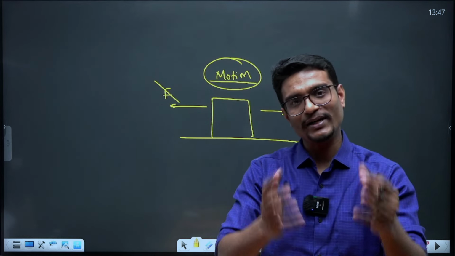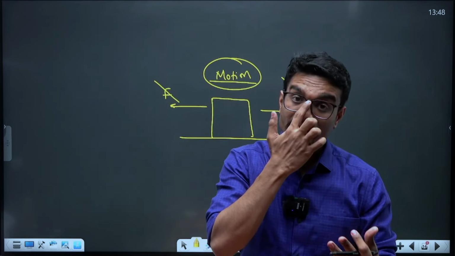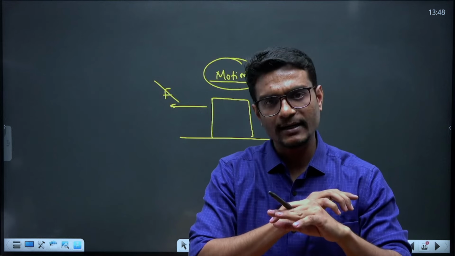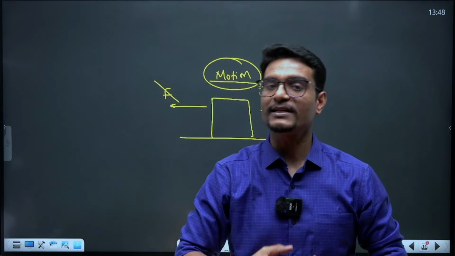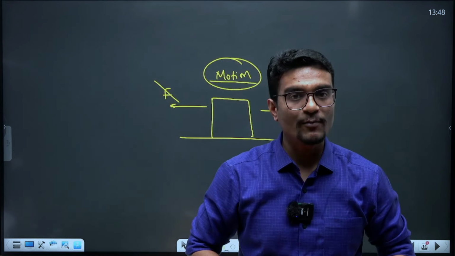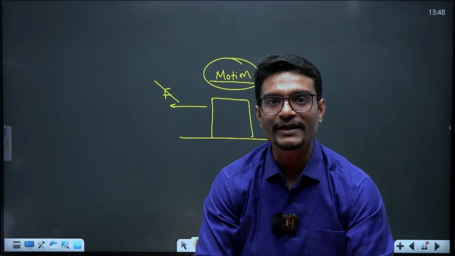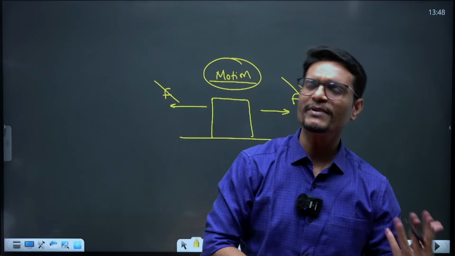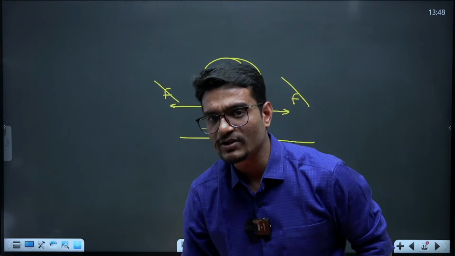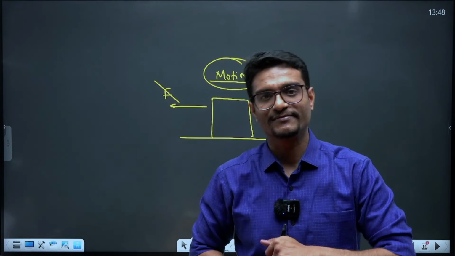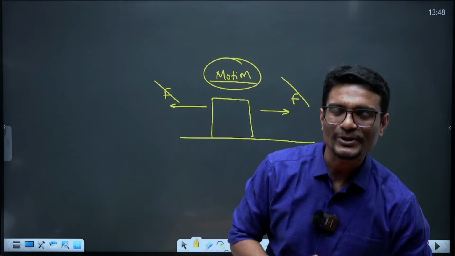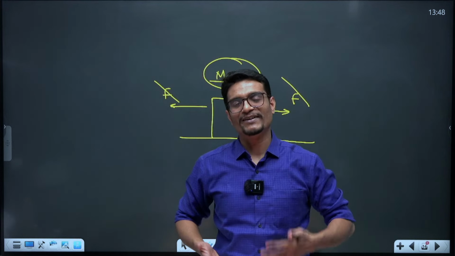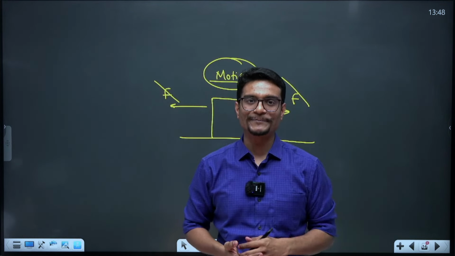Static: if the body is at rest, it will remain at rest, with no rotational effect and no translational effect. But if the body is in motion, it will remain in motion as earlier. If it was in rotational motion, it will remain in rotational motion. If it is in linear motion, it will remain in linear motion. So these are the two types of equilibrium: one is static, one is dynamic.